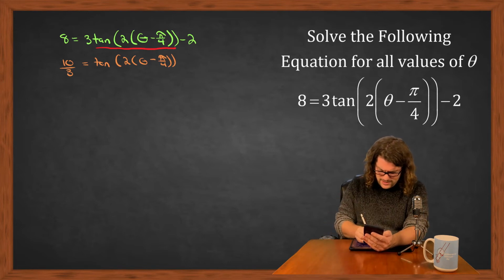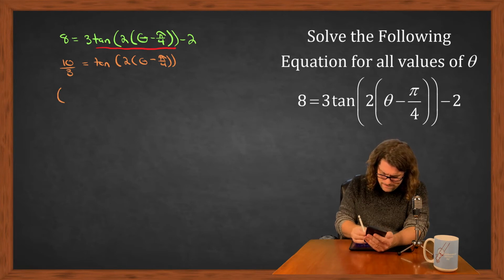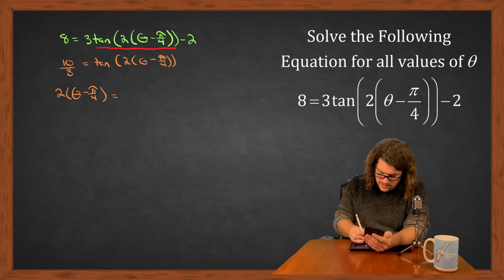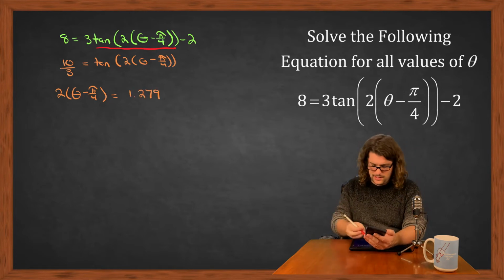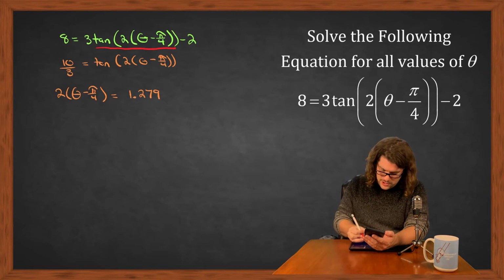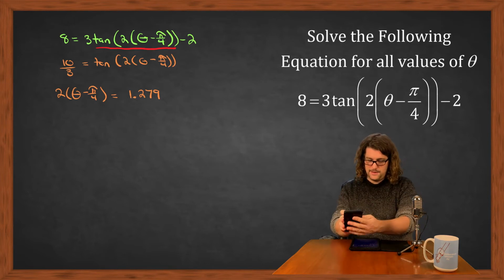Not that that is a necessary thing, but I undo my tan, and I'm going to get 2 theta minus pi over 4 is equal to, the calculator gives me 1.2793 technically, and as I said, I'm going to keep to the thousandths position, so I'm pretty happy with that.